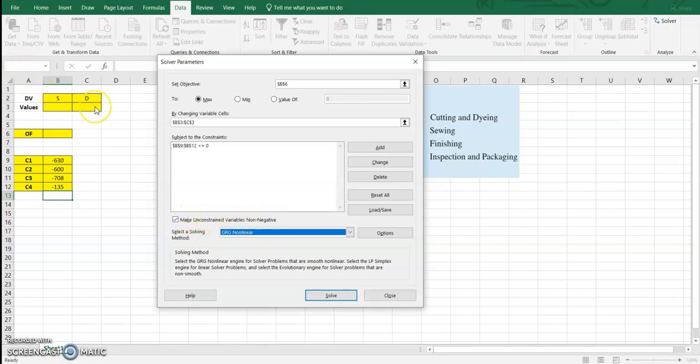It means S and D. So when you have everything set, the objective function, minimizing or maximizing, the decision variables, the constraints, and the non-negativity constraint, everything is ready for solving the model. So when I punch the solve, I should get the answer.